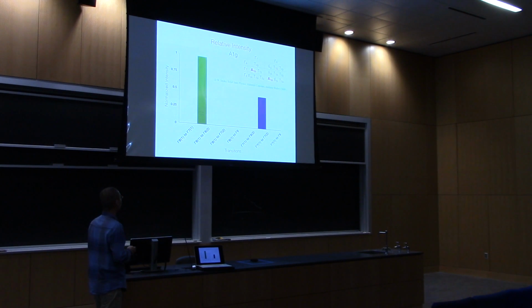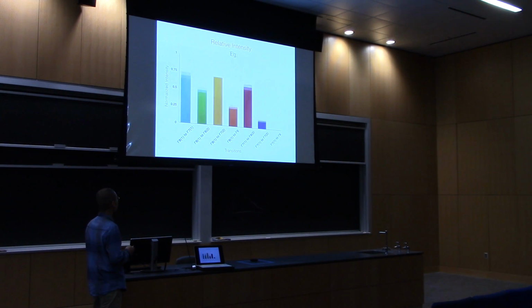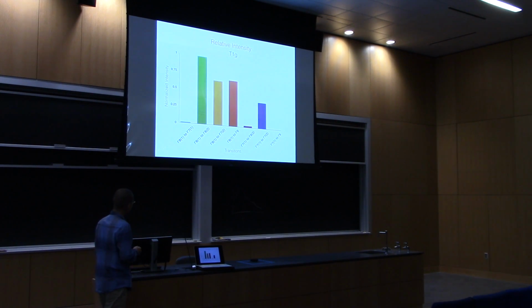Similarly, we also calculated the relative intensity in EG, T1G, and T2G symmetry channels. Notice that it's interesting that T1G symmetry channel all has finite intensities, so that we say that the Raman scattering not only provides us with the orbital information, but also provides us with the spin information.